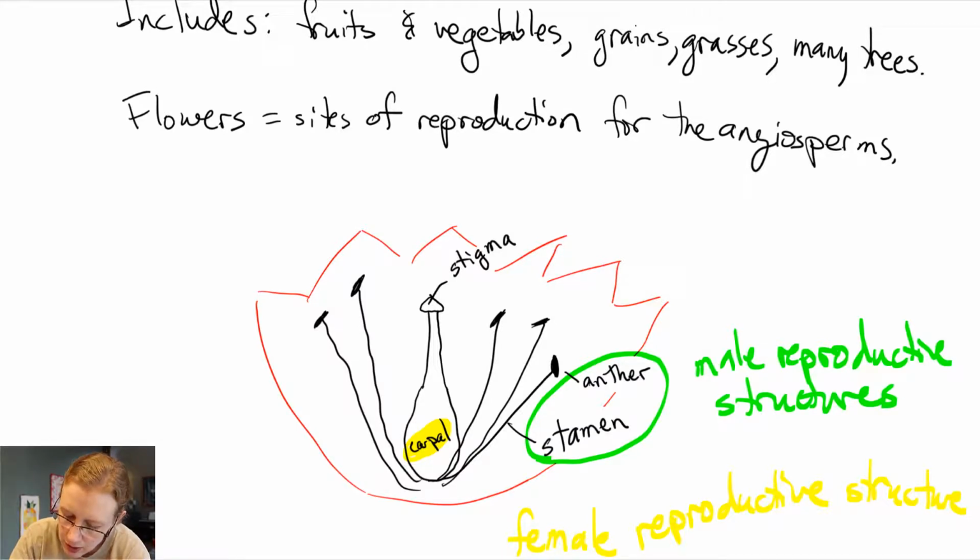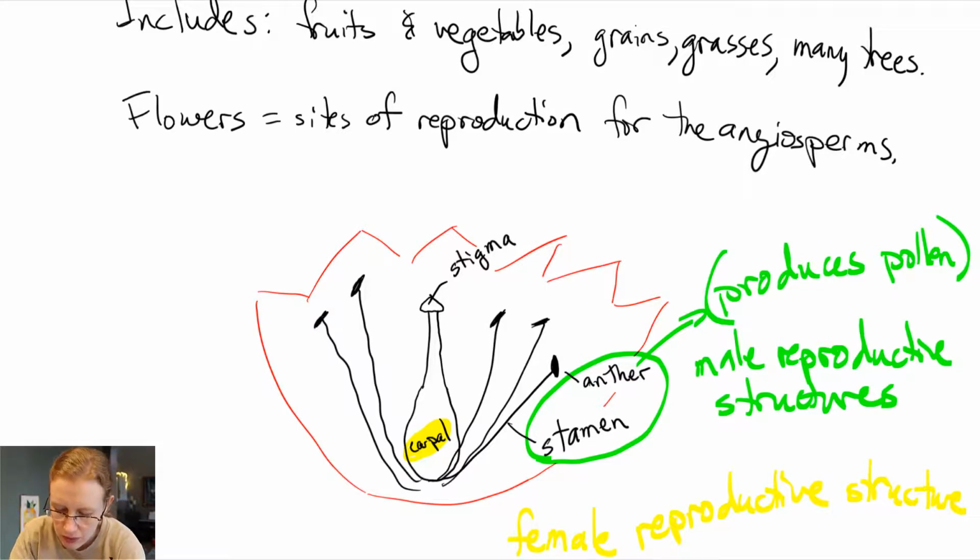And the anther is what produces pollen. This sticky tip on the carpel is called the stigma. The stigma traps the pollen that the anther produces. Traps pollen. And that's why it is sticky.